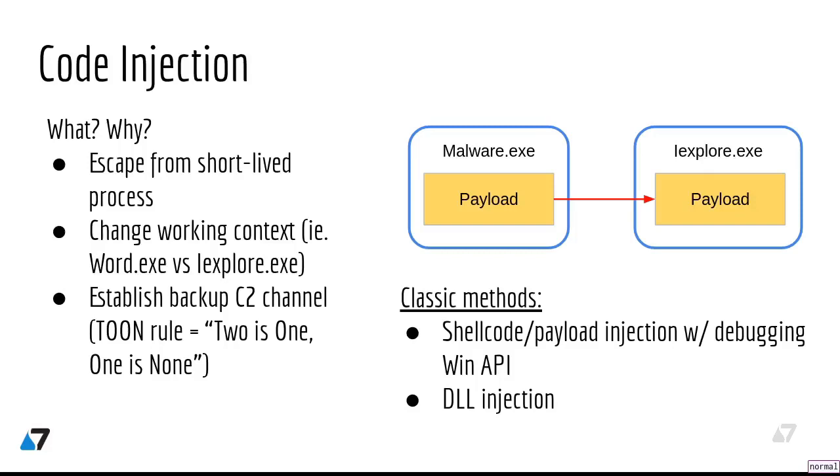From an OPSEC perspective, it's not the best idea because Word.exe is not a usual program which talks to the internet, okay? So what you might do instead is first migrate to some more legitimate process like a web browser, like Internet Explorer, and then download your payload from the control server.